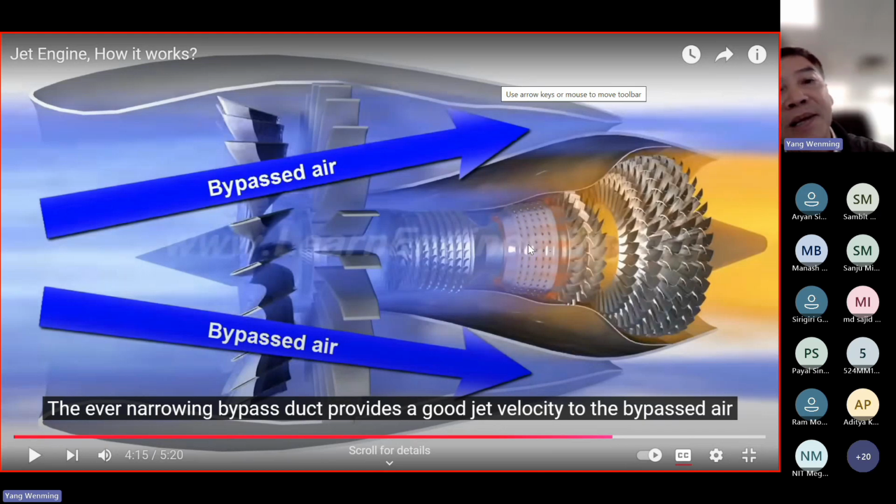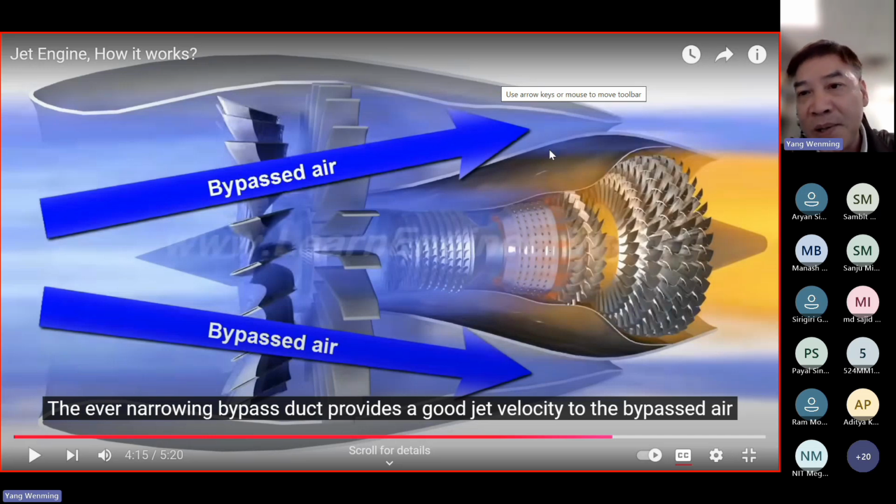So why design the jet engines with 80% bypass instead of using the air to produce more power? Anyone else? Please feel free to give any comments.